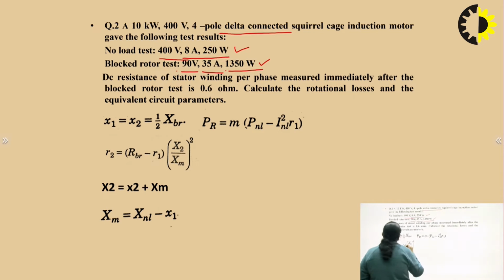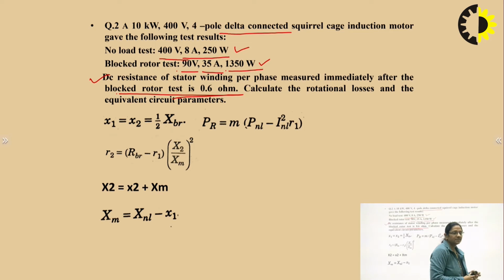Besides this, the DC resistance of stator winding per phase measured immediately after the blocked rotor test is 0.6 ohm. See, this is the DC resistance of the stator winding, right? While solving the question, we must have with us the AC resistance of the winding. Why is there a difference between the DC resistance and AC resistance?